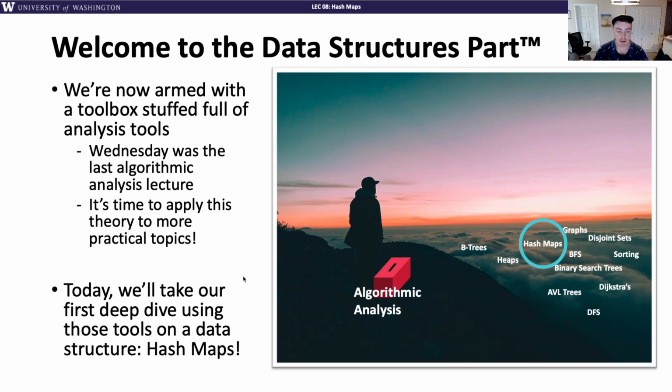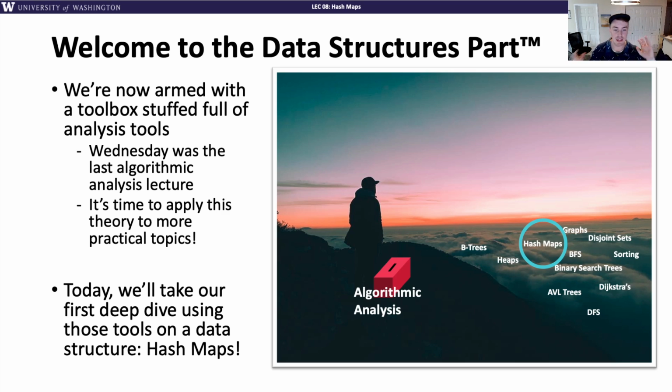So now with those announcements, let me give you a little bit of situating of where we are right now. This quarter so far, we did some review of 143 things. Then we talked about, for almost 2 weeks, these algorithmic analysis tools: Big O notation, big theta, big omega from the asymptotic analysis side, and then from our code modeling, case analysis and recurrences.